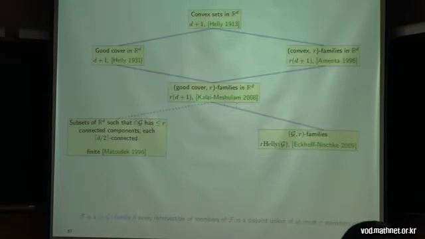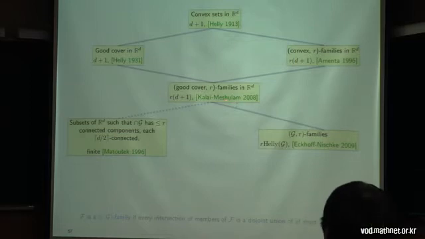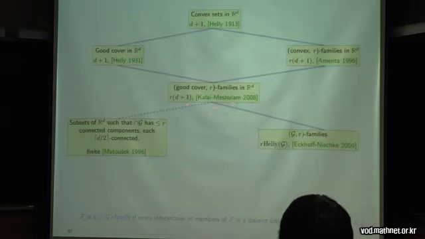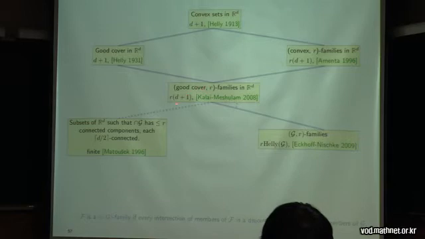Okay, so you get convex sets, and you can generalize it to good covers or to r-families of good covers, and this was unified by Kalai and Meshulam, who proved that you can also have families that have r pieces of intersection. And Matoušek kind of systematized this by relaxing the fact that you have a family that is an r-family over a good cover.